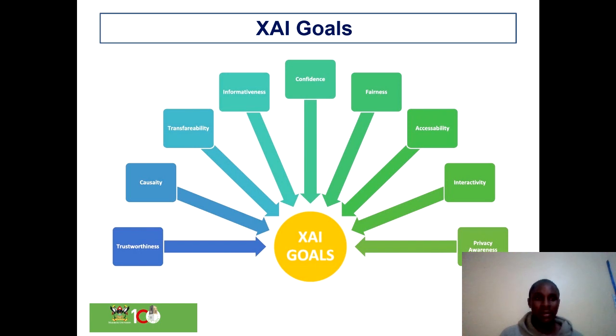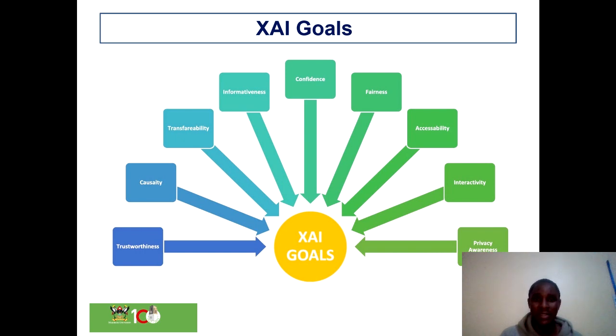So these are the goals of explainable AI. They include trustworthiness, causality, transferability. So it should be transferable to different domains. Informativeness: it should be giving us important information. Confidence: it should be giving us confidence in the algorithm.